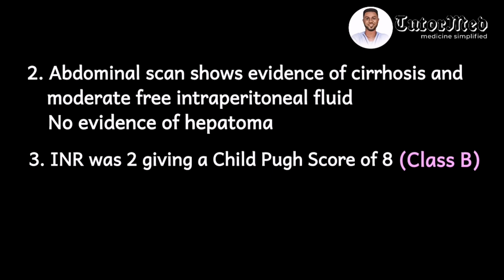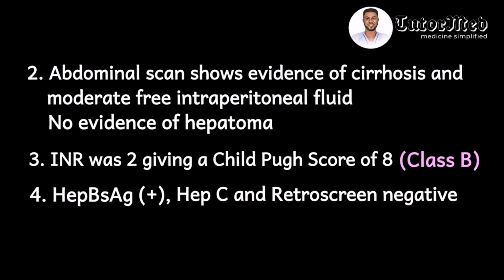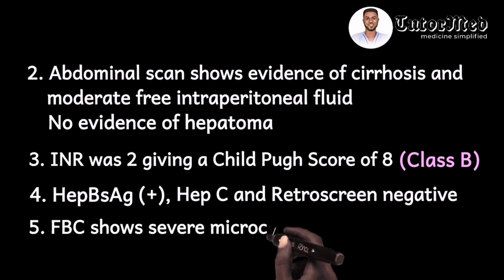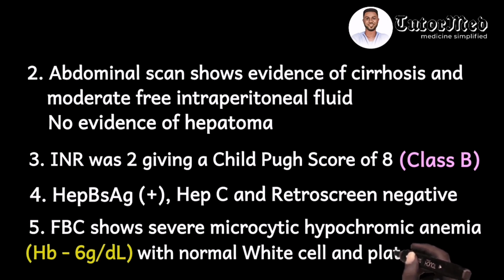Then we say that the hepatitis B surface antigen was positive. Hepatitis C and retro screen were negative. The full blood count shows severe microcytic hypochromic anemia with an HB of 6 grams per deciliter, and then normal white cell count and platelet count.